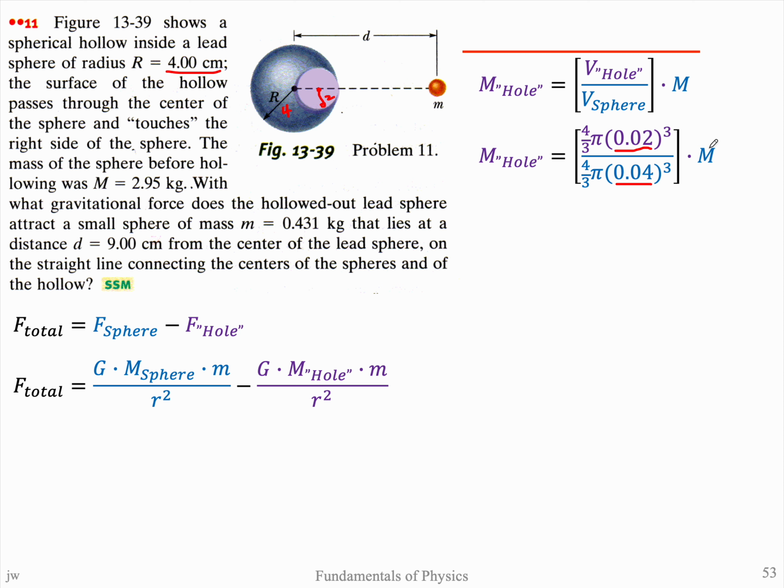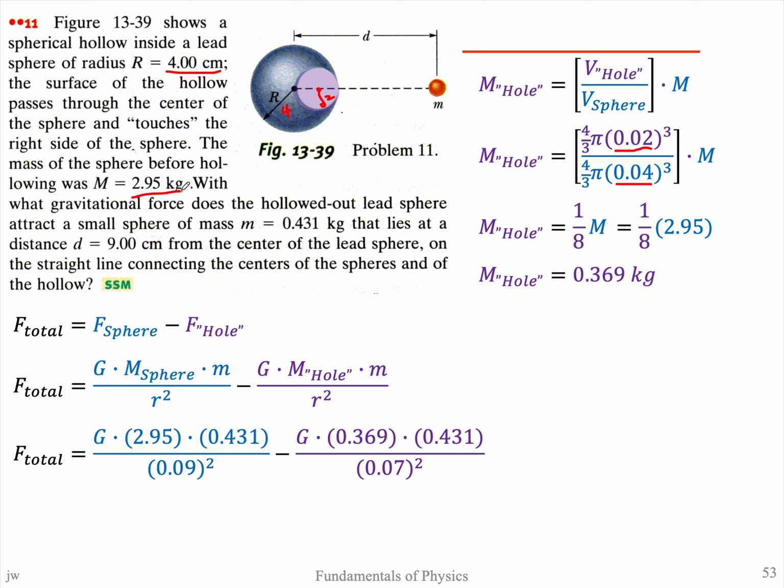We can simply take that times the total mass, and we'll discover that the mass of our missing hole is 1/8 of the original mass, or 1/8 of the 2.95 kilograms we were given, which ends up being about 0.369 kilograms.